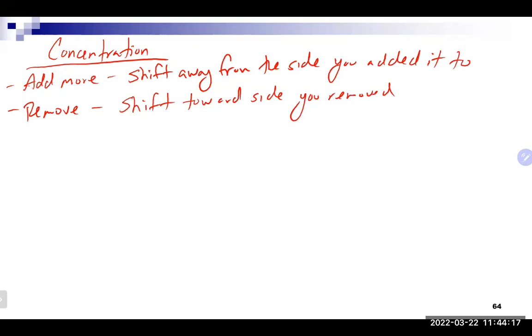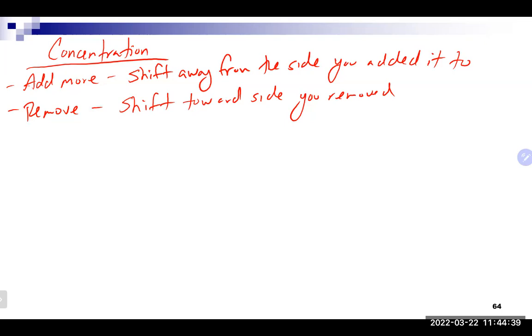So when we talk about towards the side you removed or towards the side away from it, what we're talking about is if you added more reactants, you would then make more products. It would shift towards the product side. If you added more products, it would go away from the product side and go towards the reactant side, and vice versa, obviously, with the removing part.